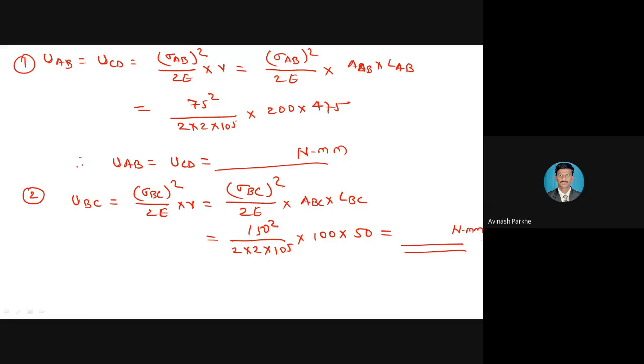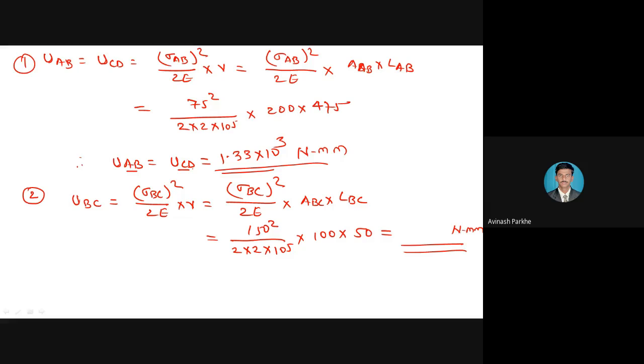Just tell me the answer. Yes, U of AB 1.33, correct? 1.33 into 10 raised to 3. This will be the strain energy stored in the section AB as well as CD, because all are having the same cross-sectional area, same stress and the same length.